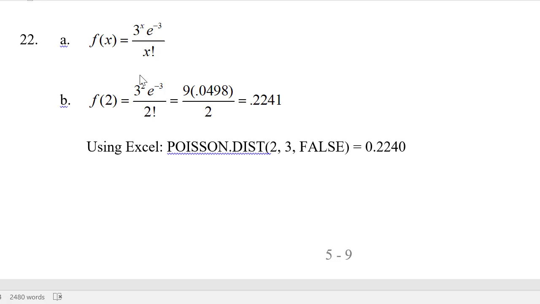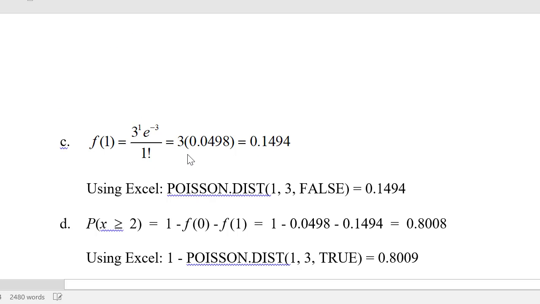For problem number 22, I was looking for this for Part A, just plugging in the numbers into the formula. For Part B, if you calculate that out using the numbers they give you, it is 0.2241, or you could use this Poisson distribution, put in the numbers, and that's the value I was looking for. For Part C, again, you could use the Poisson distribution function, put in the numbers, and this is the number I was looking for.